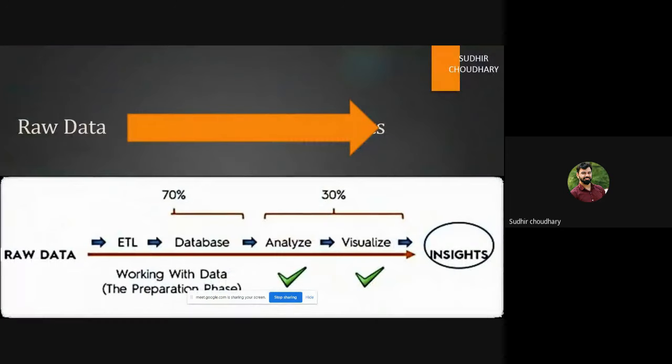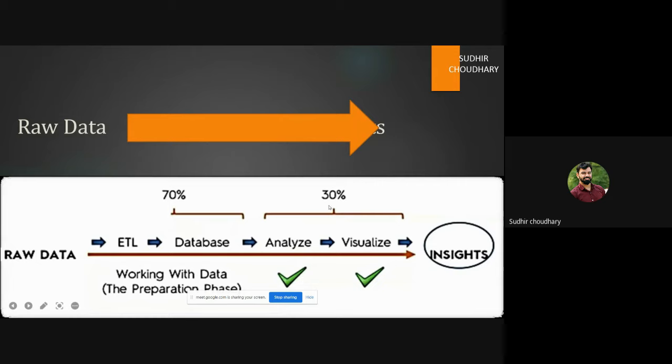Clear? So if you talk about Tableau or any other data processing, you can get the raw data from the client or many other sources, and you can create raw data also. But the important point is that 70% of the total time will be consumed in the data processing only.